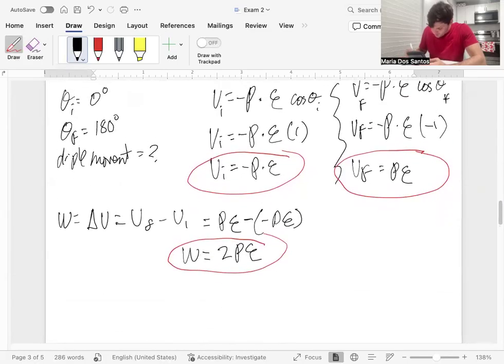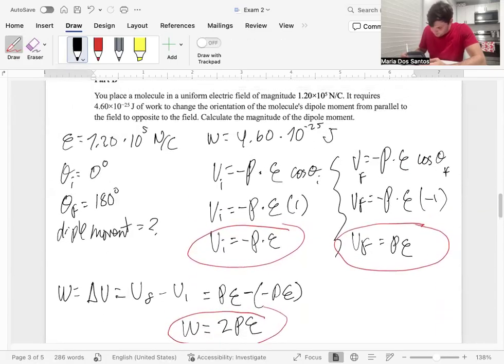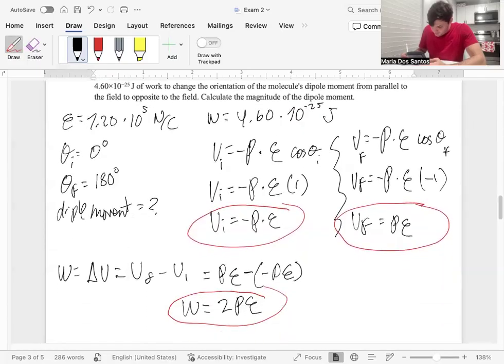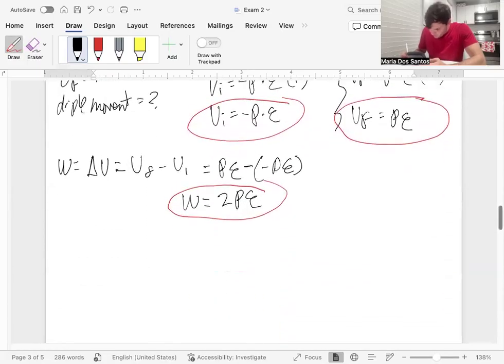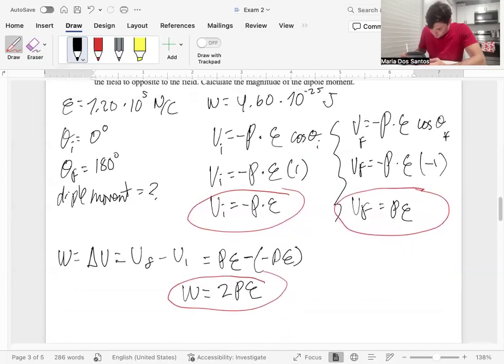That is what we need. We already have the electric field, so we should be able to plug in and find the answer. Also, we have the work.